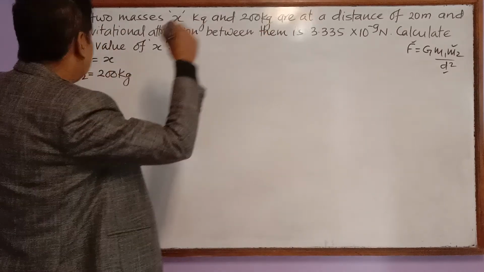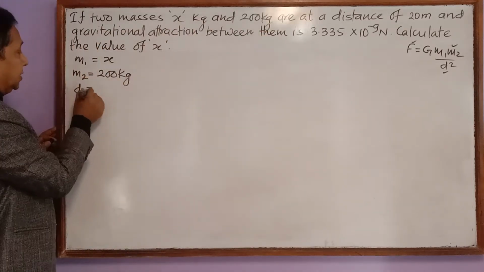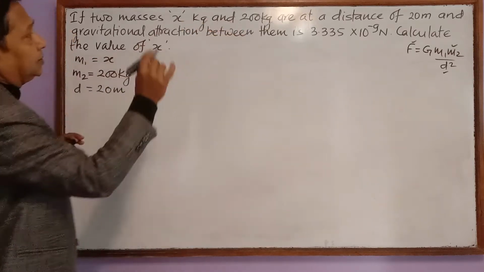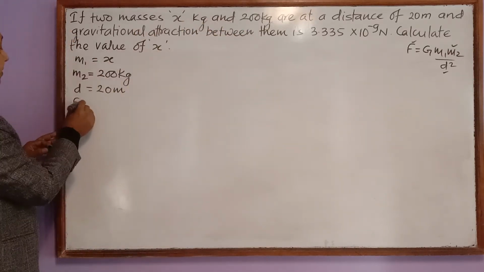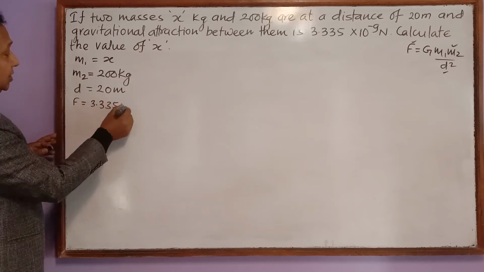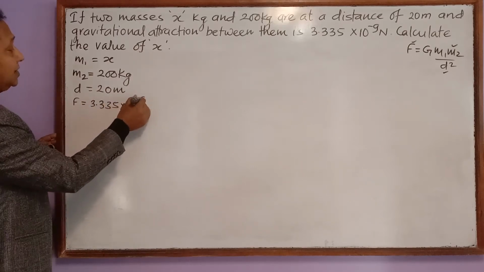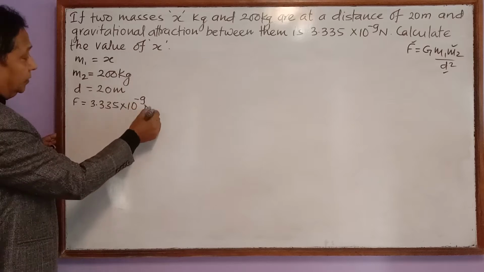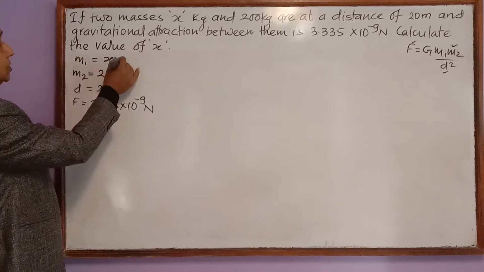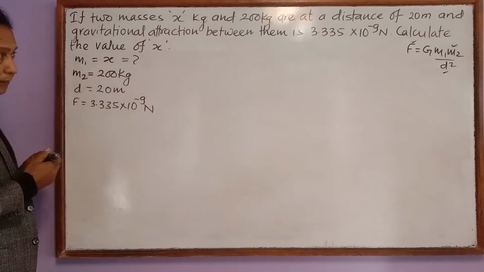And distance between them is given, d is 20 meter. And gravitational attraction between them is also given, F is 3.335 into 10 to the power minus 9 Newton. And we are told to calculate x. How much is the value of x?